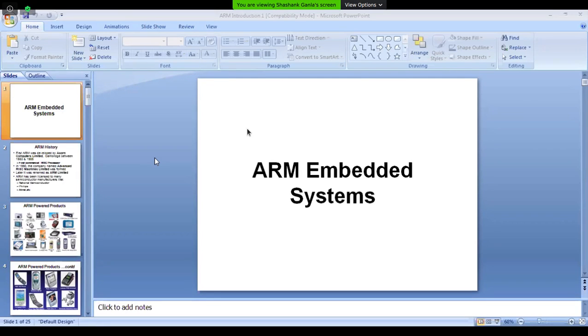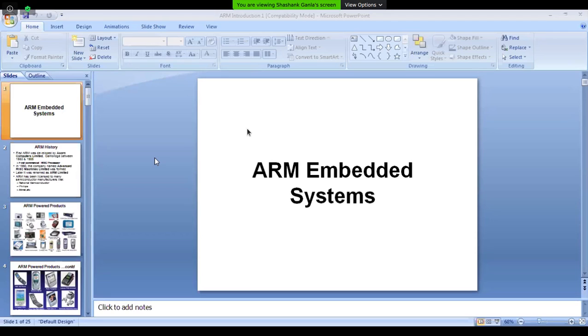And there was a duration where the research on the ARM architecture had come to a standstill, because the partners involved in the company called Acorn Computers Limited had separated from the company, and then the company collapsed. Then there was a standstill for the ARM project or ARM research.